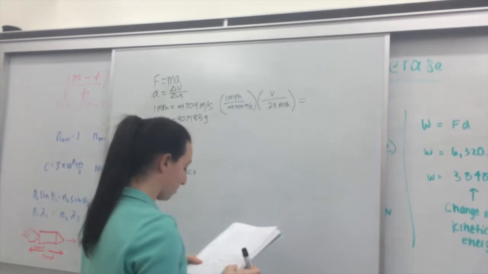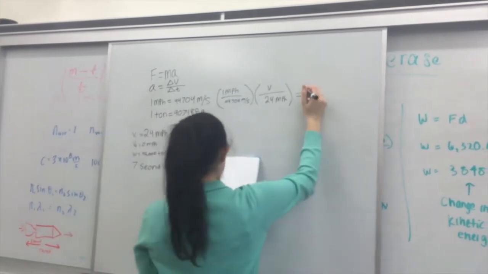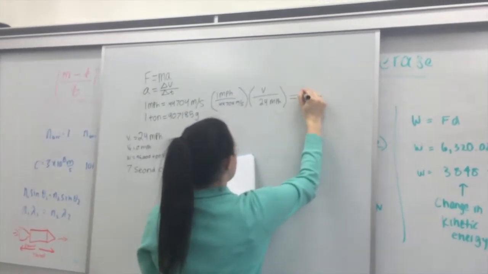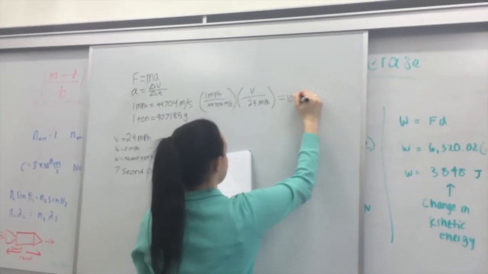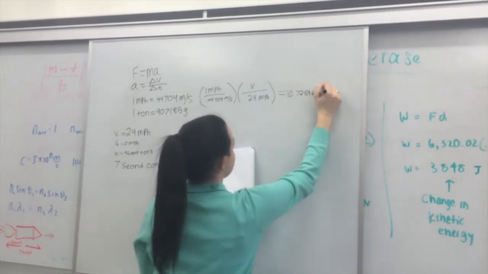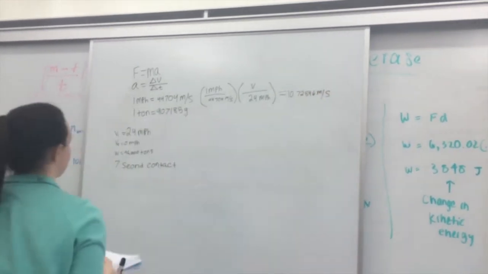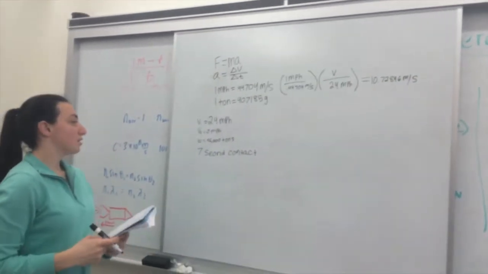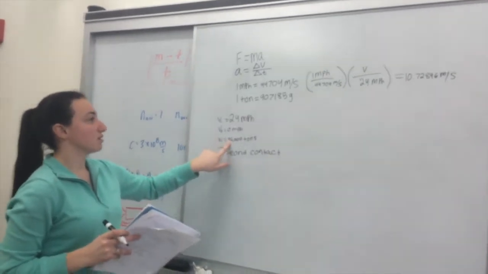So your velocity would come out to equal 10.72896 meters per second. You have to do the same thing with tons because you need to get it to be mass, and it's 46,000 tons.